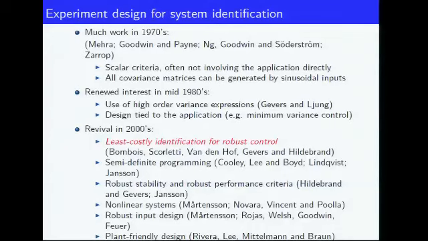Then in the mid-80s, there was some renewed interest, mainly due to some new expressions for the variance of frequency function estimates. Then more theory could be developed based on these expressions for experiment design.